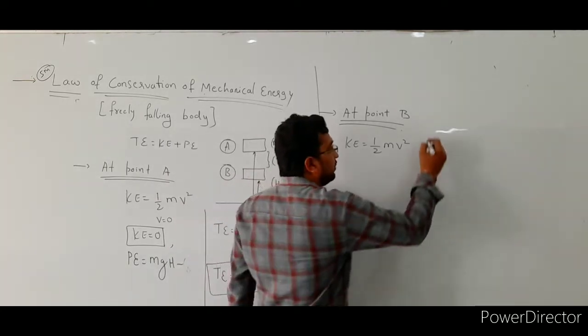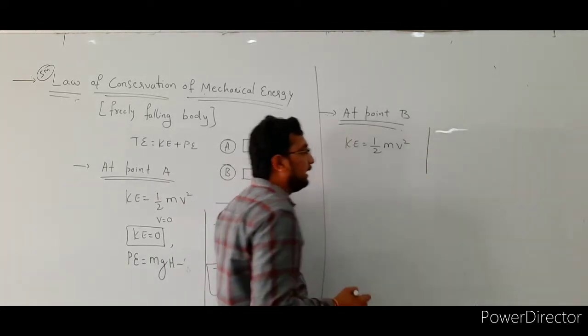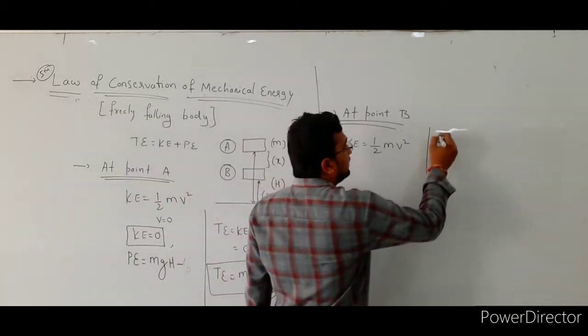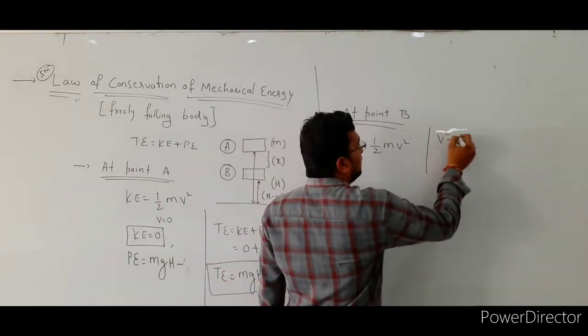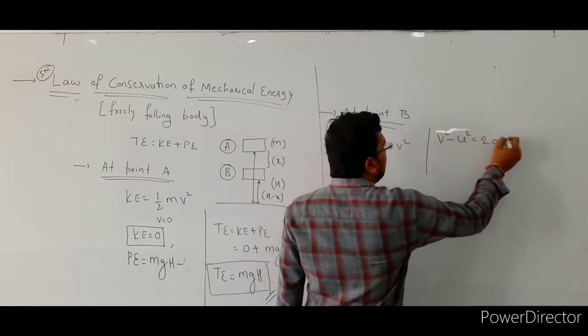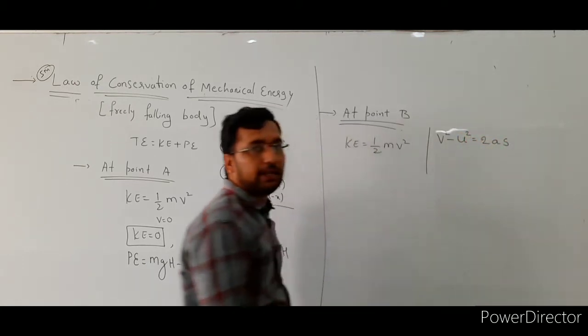We are going to find the velocity of the body with the help of an equation of motion, v square minus u square equals 2as.